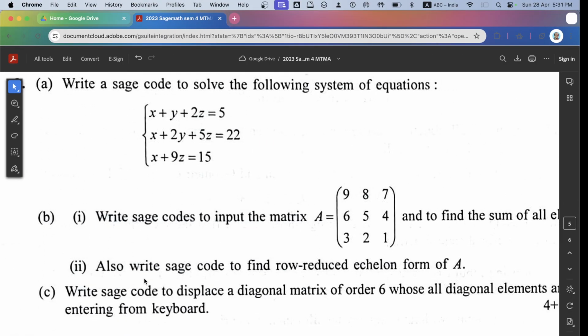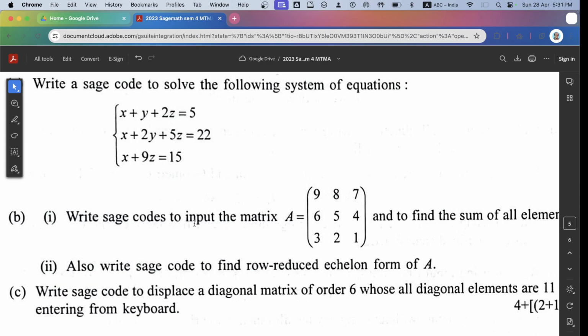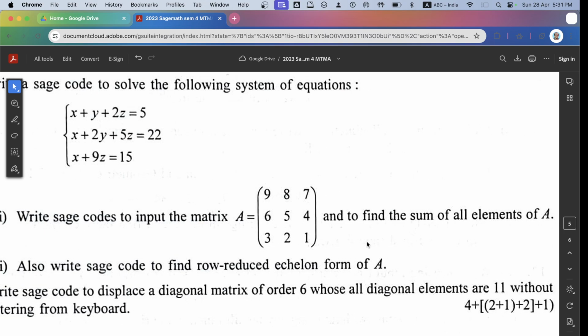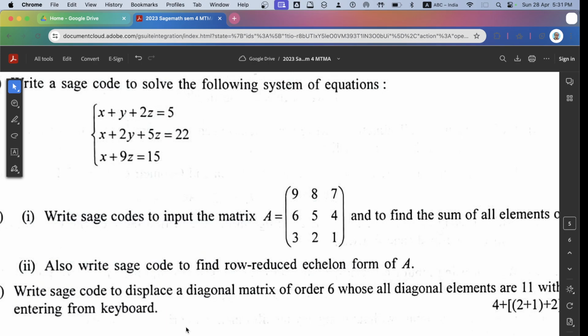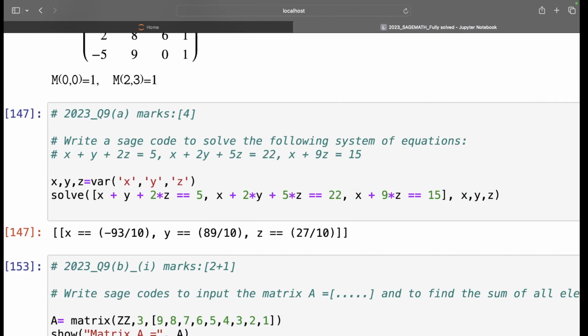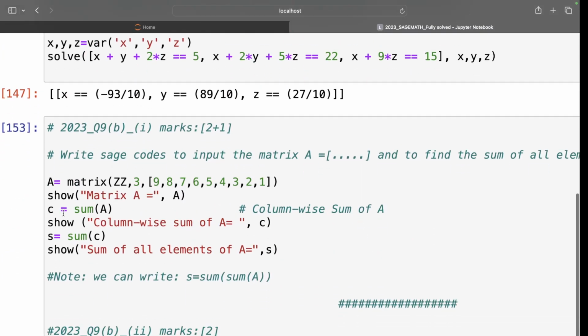Question 9b1. Write Sage code to input the matrix A with rows 987, 654, 321 and to find the sum of all elements of A. The matrix A is a matrix over the ring ZZ, the set of integers, a 3 by 3 matrix, with the elements within square brackets: 987, 654, 321.